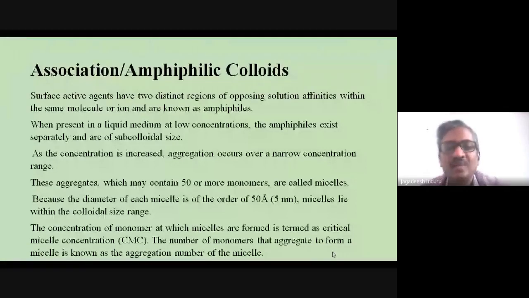When you are adding any surface active agent, after adding some molecules, they will have solubility and they will be dissolved. When you add some more excess, they will start merging, and some number of molecules form a micelle. That number is called the aggregation number of a micelle.